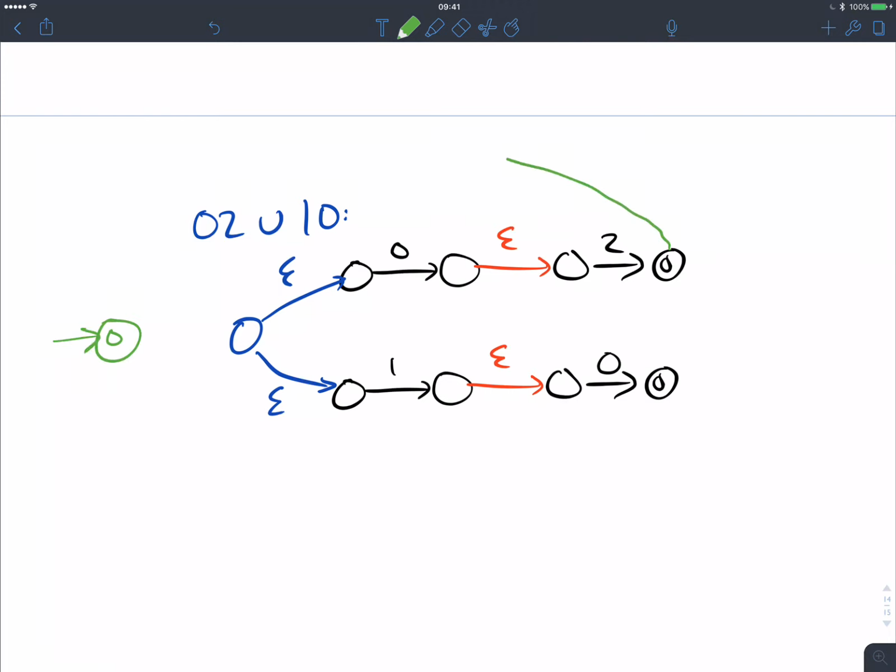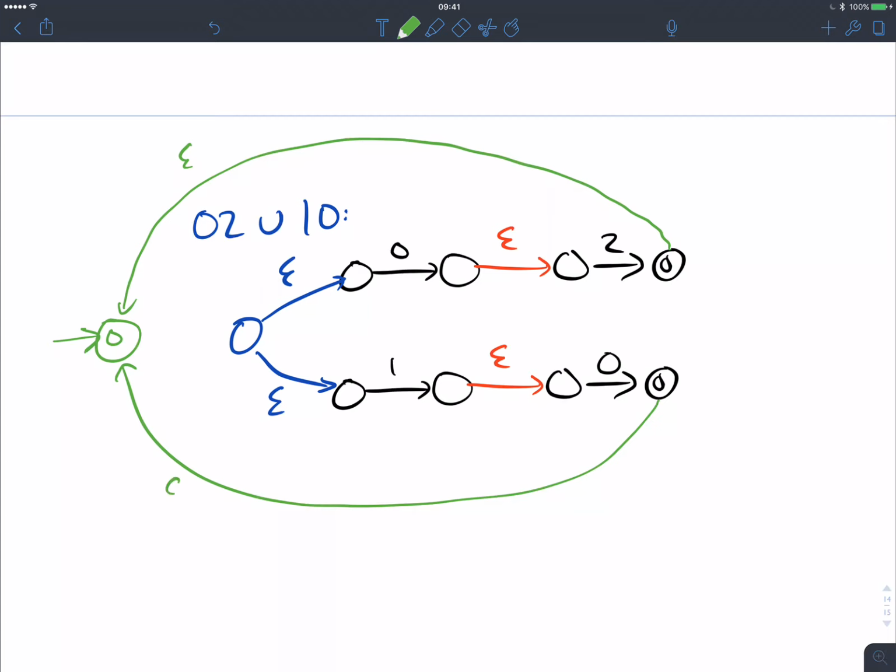Then, as the suggestion was, epsilon my way from the original final states. Oh, no, they are still final, so I'm not going to touch those. And then now what? Epsilon to the old start state. So this is star. Okay, does that help? Yeah.